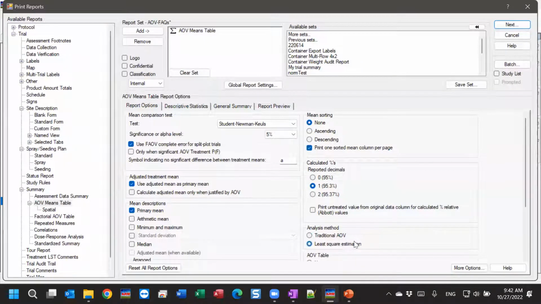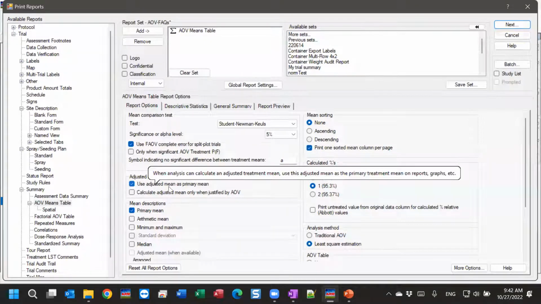If you're doing the least square estimation, which is generally recommended, it usually does a better job, especially with missing data points being present, then there's an adjusted mean. So again, very same situation. We're missing a point. We really wish we had it. We need to make some changes. We can't just pretend that isn't there.